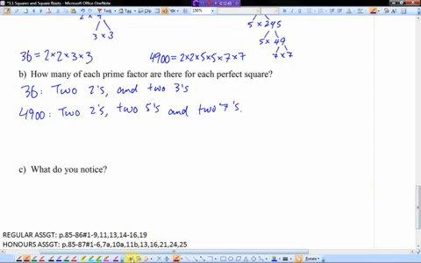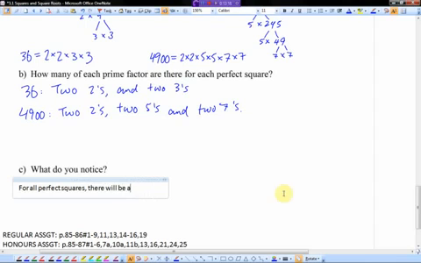Well, your initial look at this, you're thinking to yourself, well, there are 2 of each prime factor. And while that is true, the general case for perfect squares is that there will be an even number, which just happen to be 2 of each in this case.